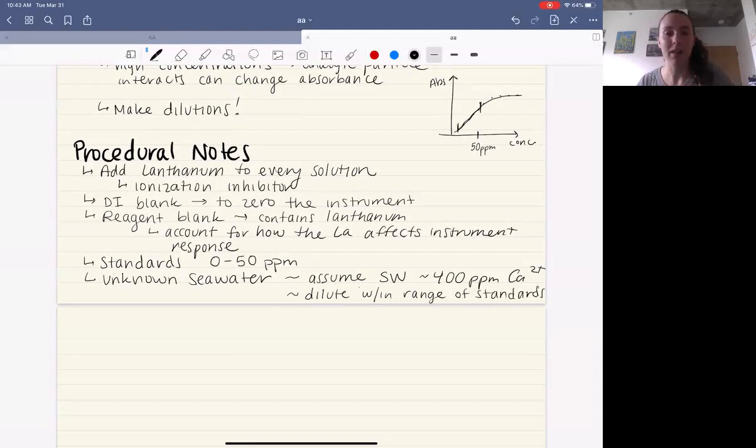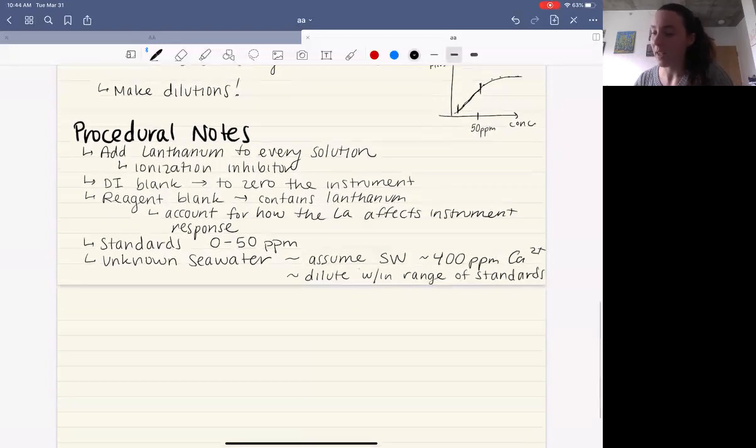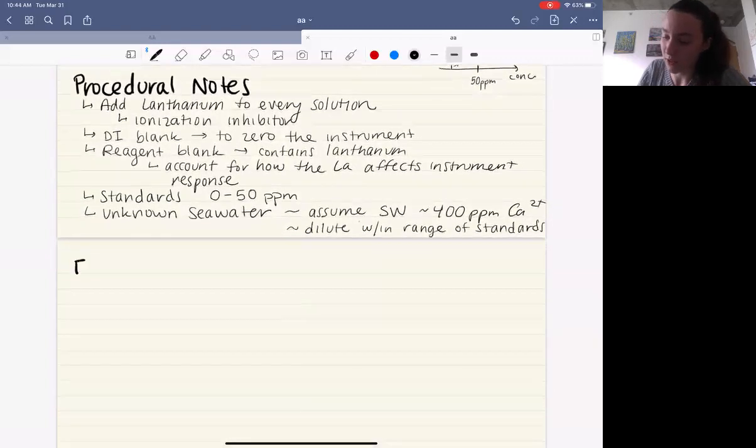Okay, I've been talking about linear dynamic range, making standards, and all this stuff, but what is this method really called? I'm referring to a calibration method called external standards. External standards calibration.